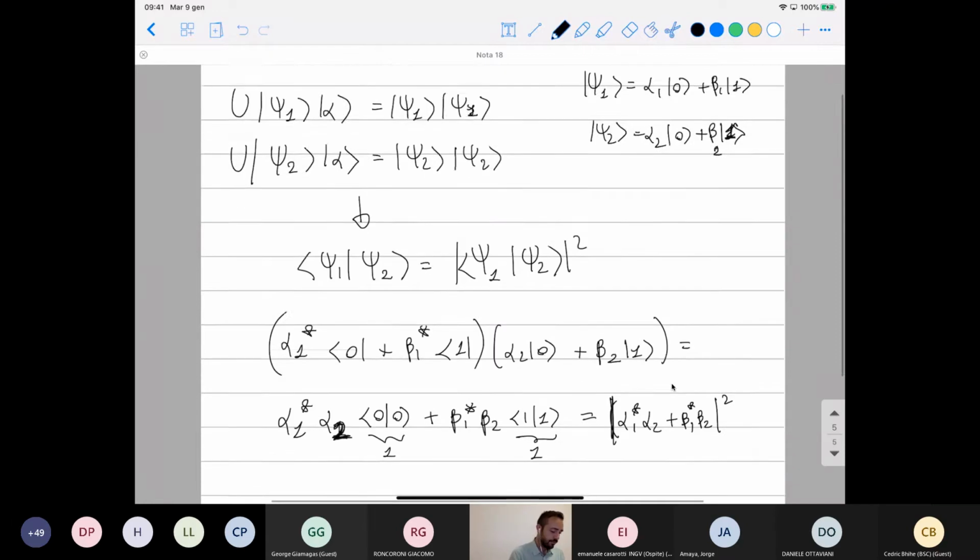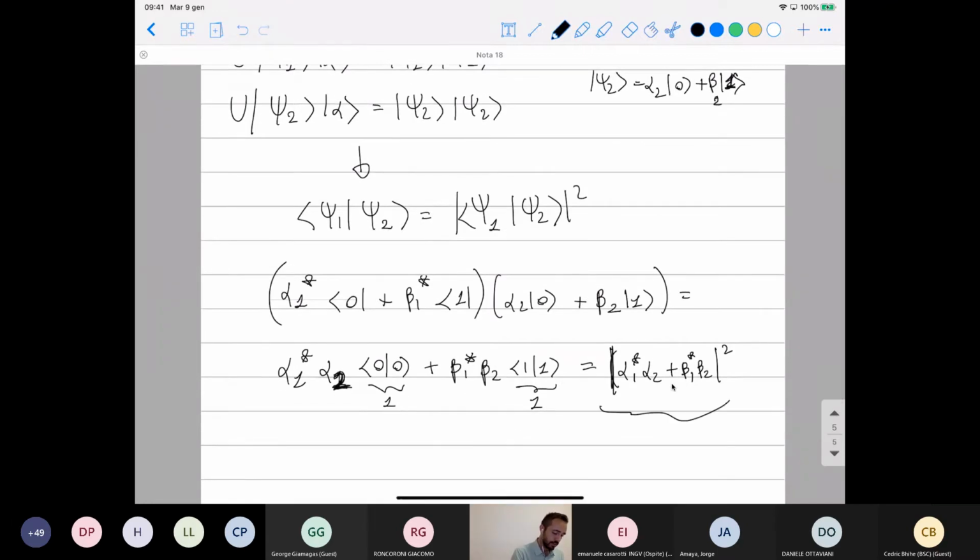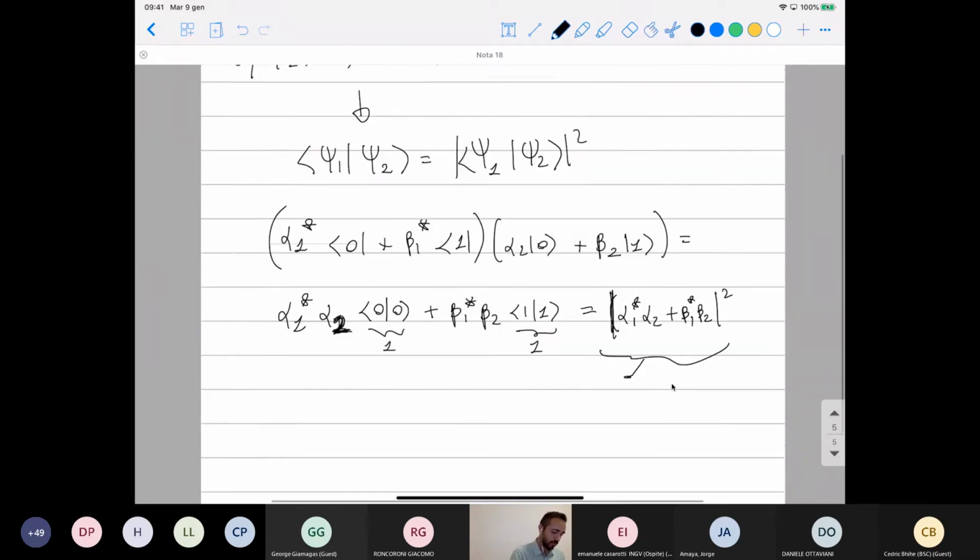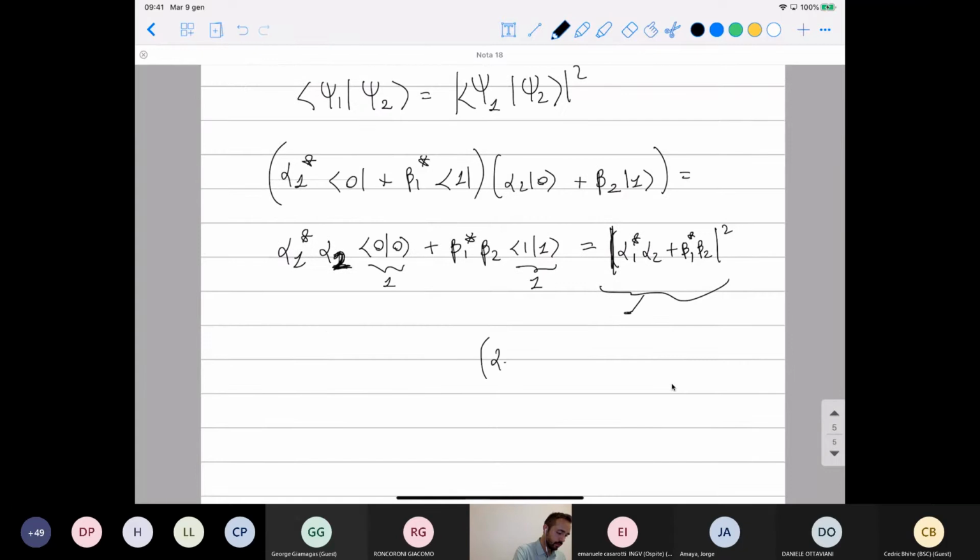So I guess that if you solve this, this is also equal to basically alpha 1, alpha 2 plus beta 1, beta 2 times the complex conjugate, which is alpha 1, alpha 2 plus beta 1, beta 2.